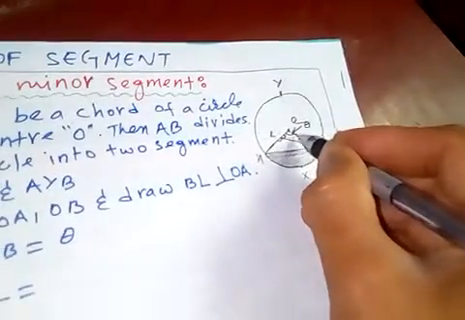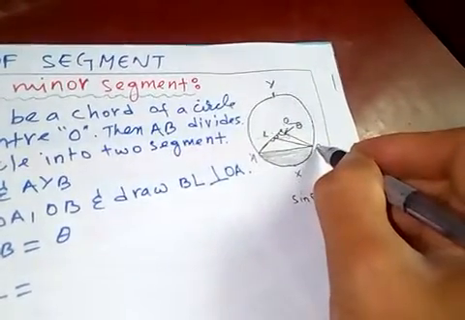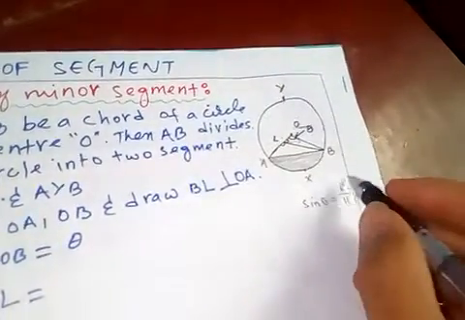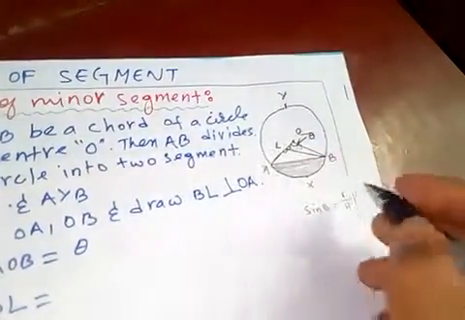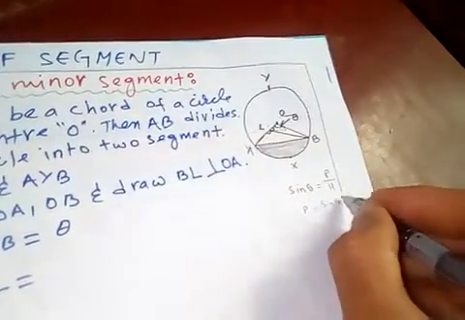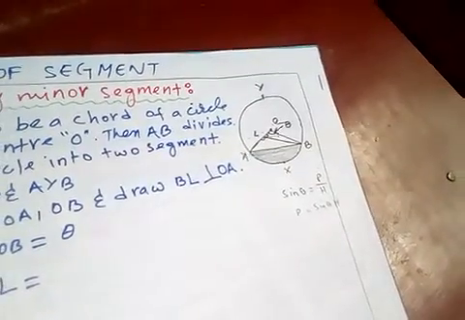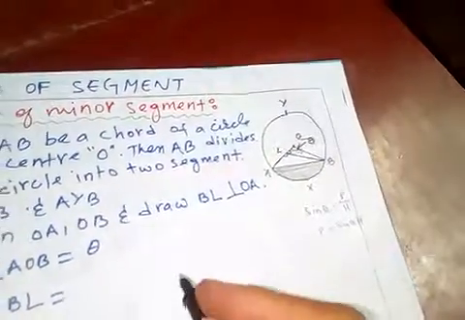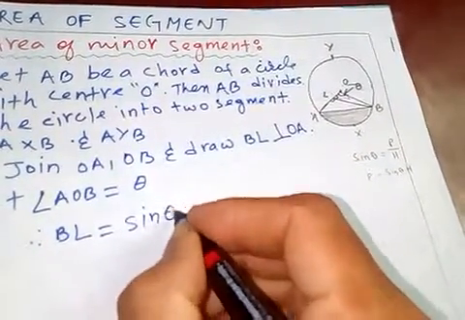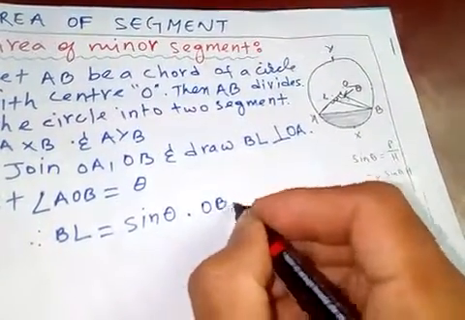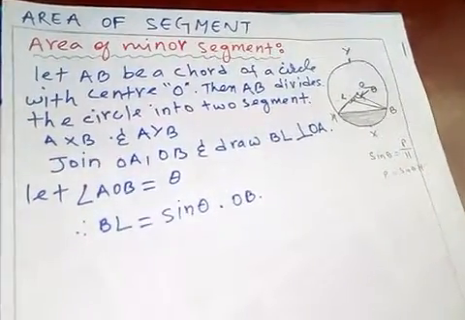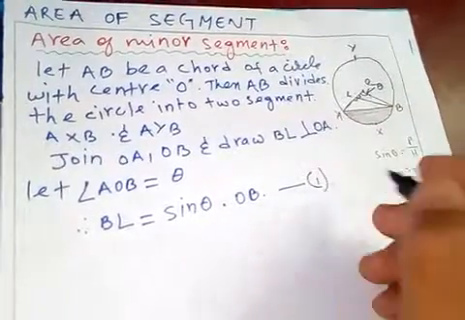This is 90 degrees, so the side opposite, OB, is the hypotenuse, and the perpendicular is BL. Since we want to find BL, the perpendicular, P is sine theta into H. Now substitute the value: BL is equal to sine theta into OB, the hypotenuse. Let's name this equation 1.